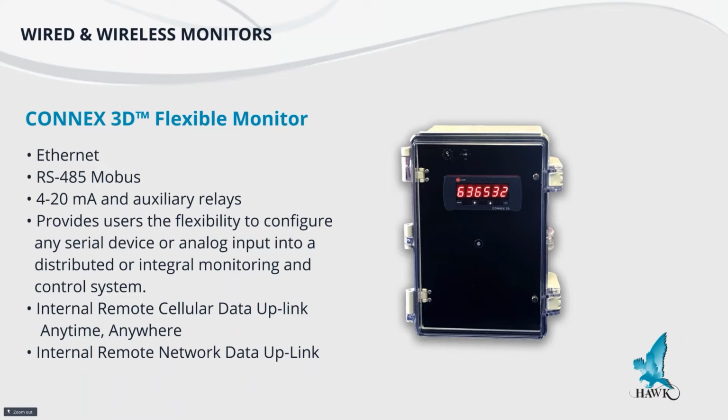We also have the ability to connect this device to a cellular uplink, which requires no internal communication, just external from the monitor through a cell tower and up to the cloud, where a remote server collects data. You can then monitor your data, which we'll take a look at as we log into what our typical web portal would look like.